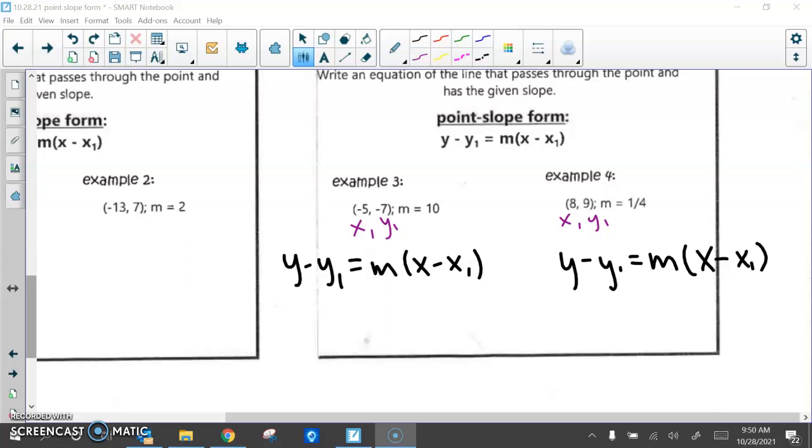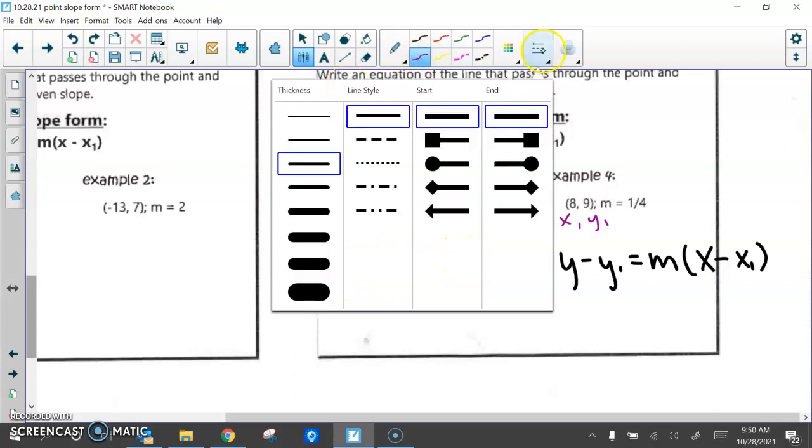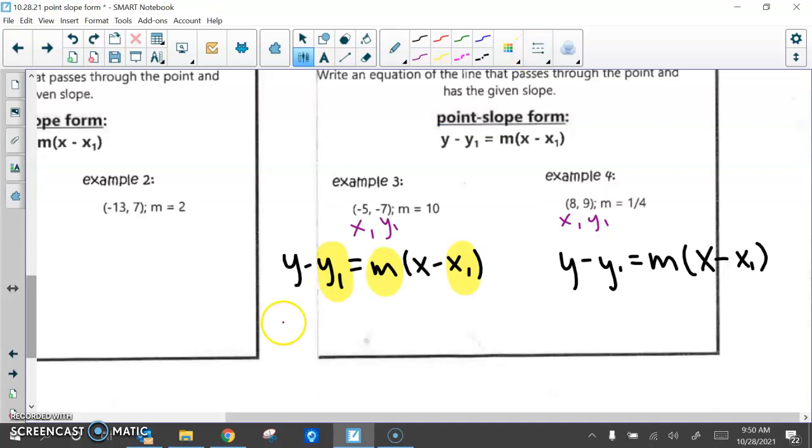Okay, so we're using point slope form. I'm given a point and I'm given a slope. So I'm going to substitute in what I know. Remember, I'm plugging in y1, m, and x1. So I'm going to do y minus negative 7 equals 10 times x minus negative 5.